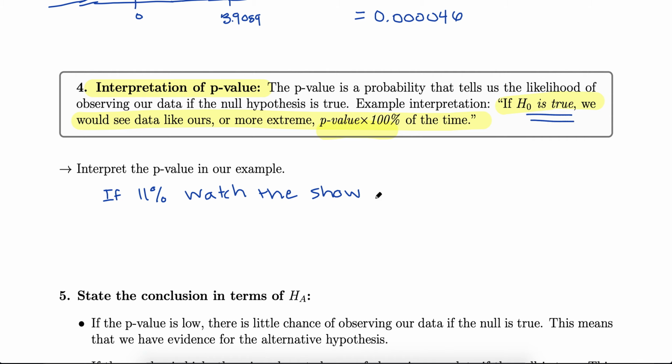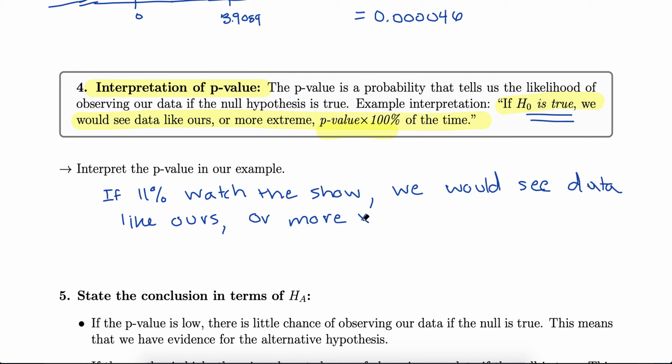That was p equals 0.11. That was our null. We would see data like ours. That's our test statistic. Or more extreme, that's the part we shaded. And then our p-value, we need to turn that into a percent. So take the number we found, multiply by 100 to make it a percent.